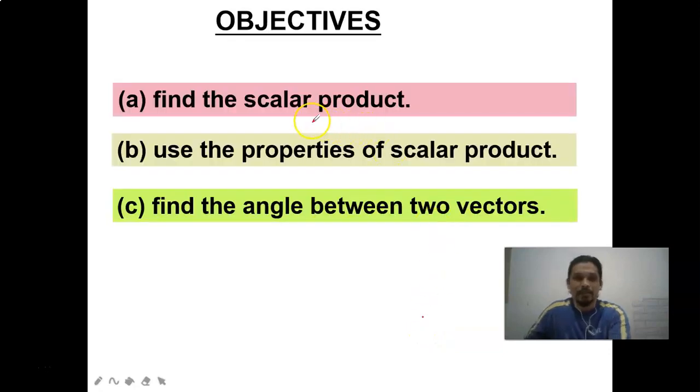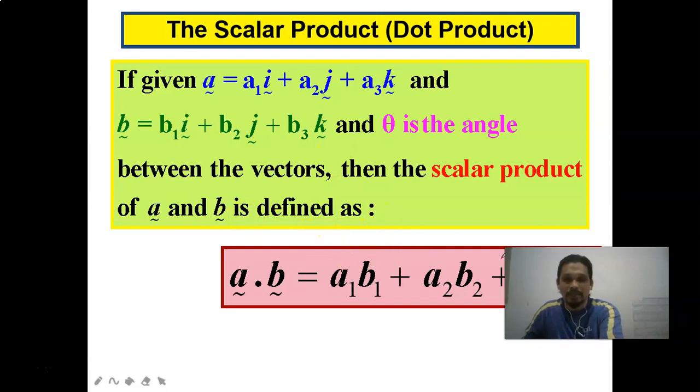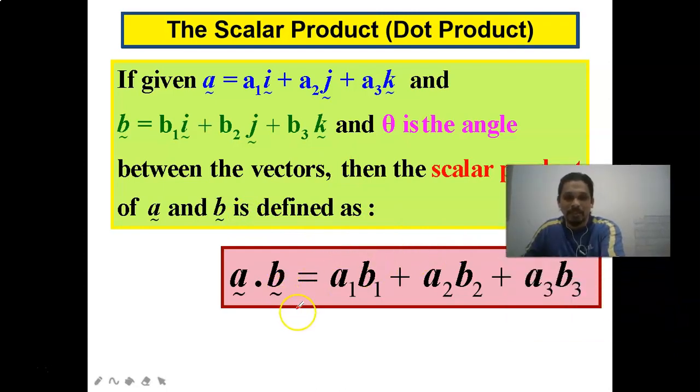Okay, so we're going to find the scalar product, use the properties, and find the angle between two vectors. Given vectors A, as you see here, and also B, and theta is the angle between the vectors, the scalar product of A and B is defined as, as you see on the screen now, the multiplication of the magnitudes of i with i, plus j with j, plus k multiplied with k: A1 times B1, A2 times B2, A3 times B3.